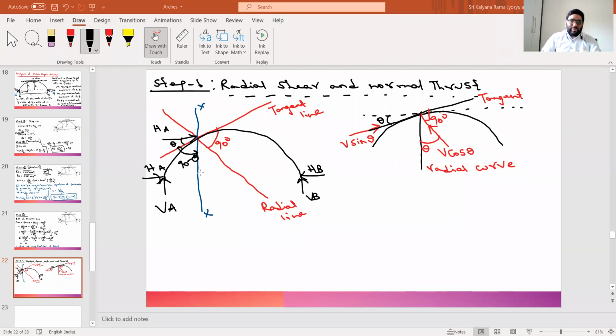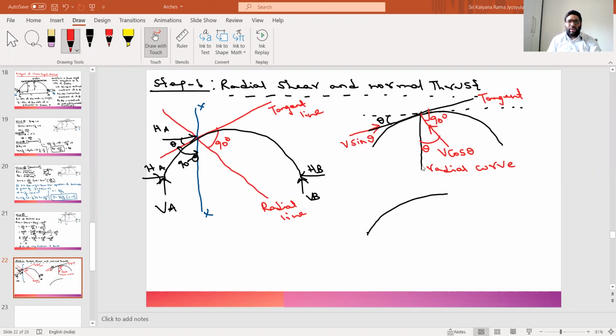Now, this is about vertical. So we are trying to resolve the vertical and horizontal forces into equivalent sine theta and cos theta. That's what we are trying to do. Now, when you sketch the other portion also, actually, we need to just sketch half portion. Quadrant is sufficient. Even this part is not required.